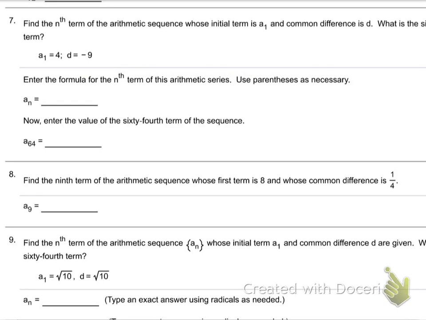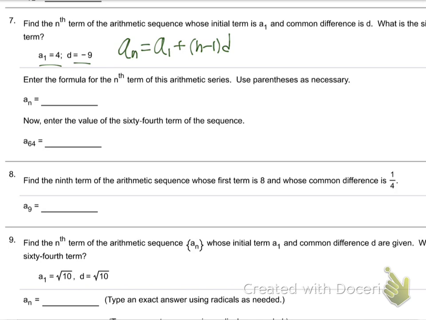Try that one. a_1 is 4. d is negative 9. So find the a sub n formula. So use the formula we now have. Just use it. I'll write it up on the screen here for you. So we're going to use a sub n is a_1 plus n minus 1 times d. So plug in what they're giving you. a_1 is 4, d is negative 9.